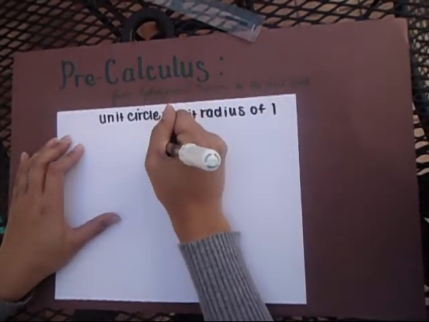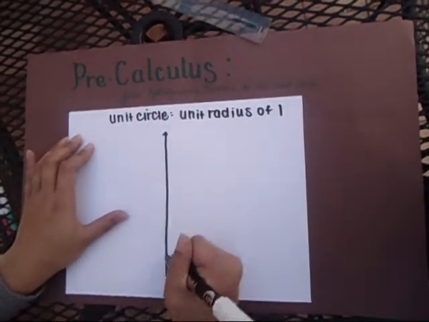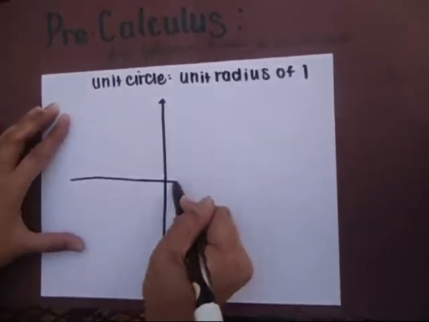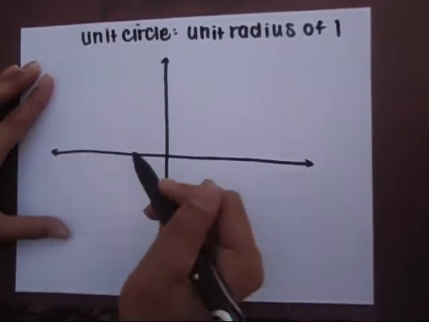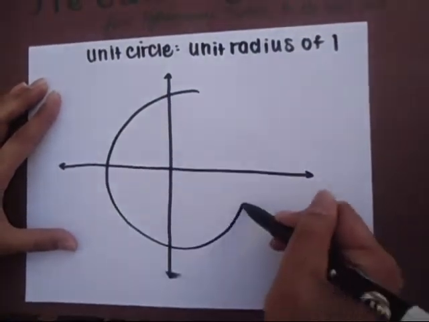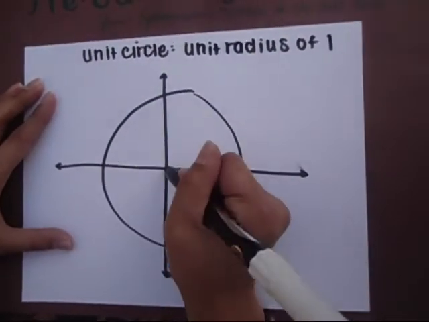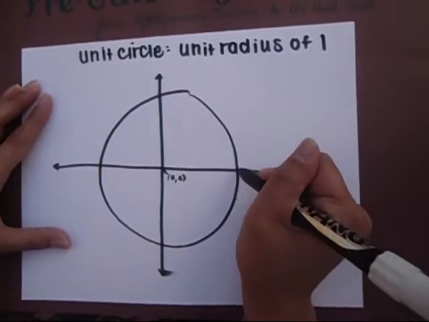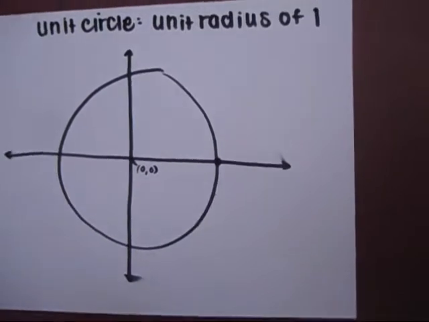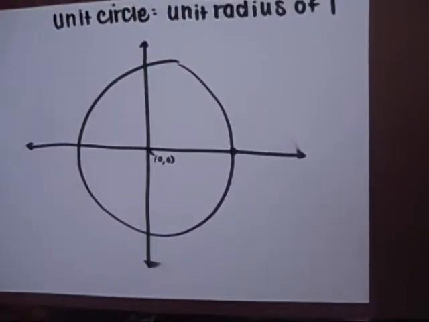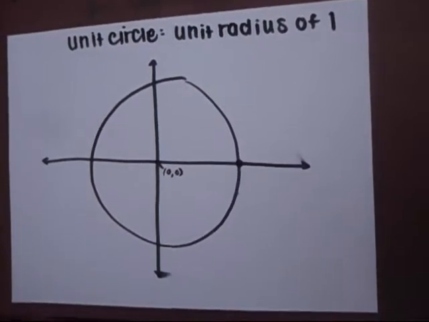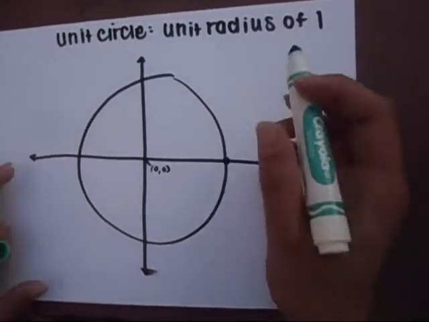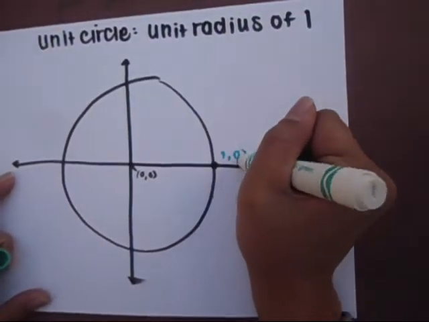Okay, so here's our y-axis, and here is our x-axis, and here is our circle. Here's the origin, and that's 0, 0. And right here is the point 1, 0.